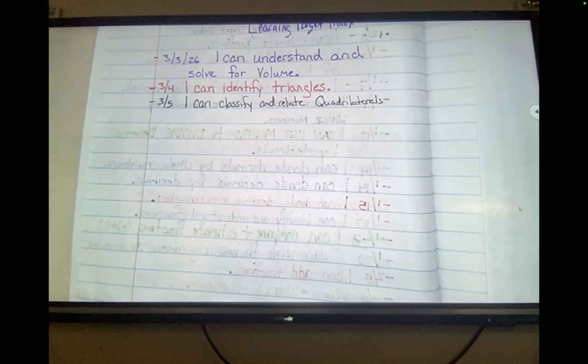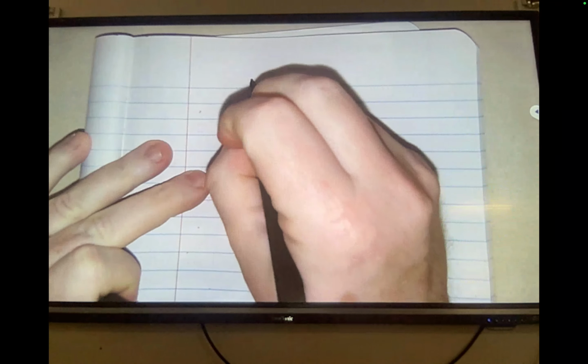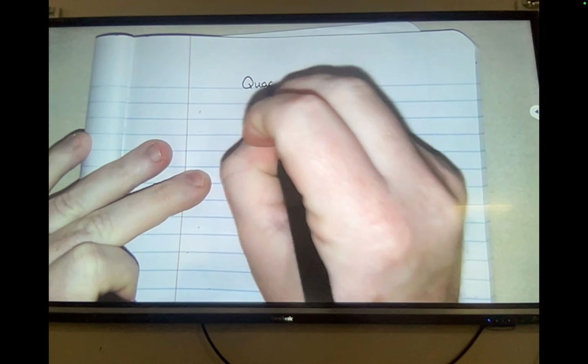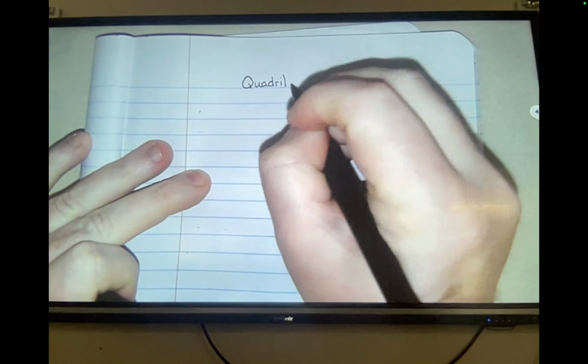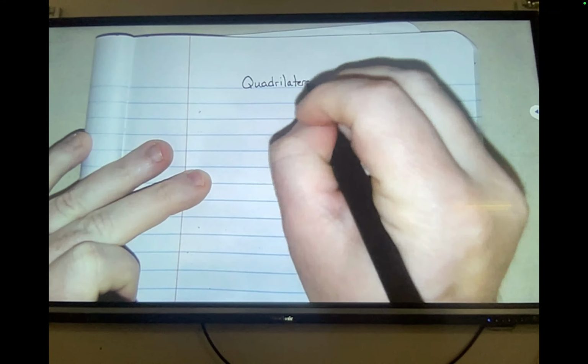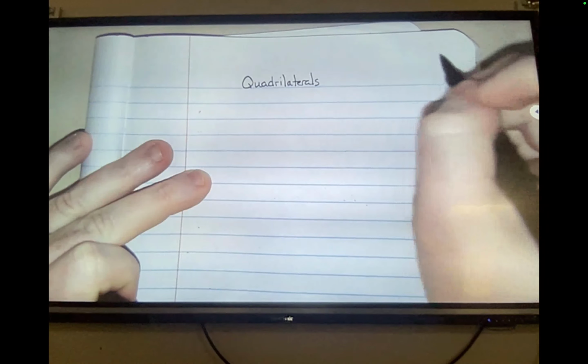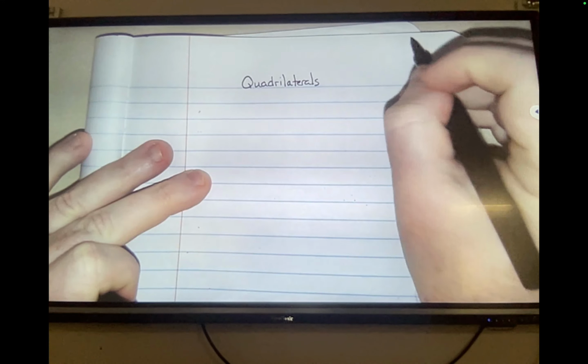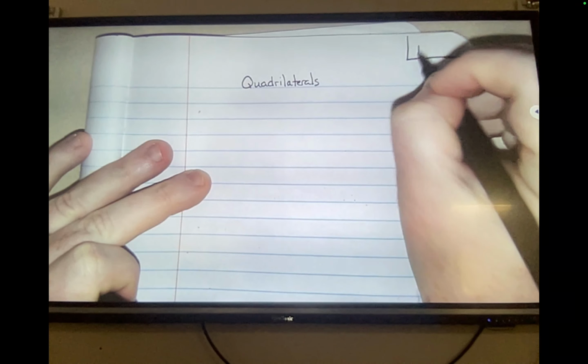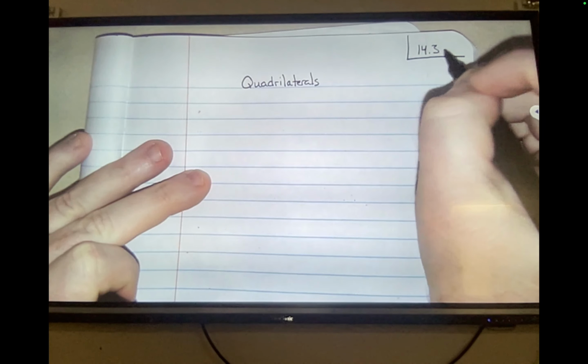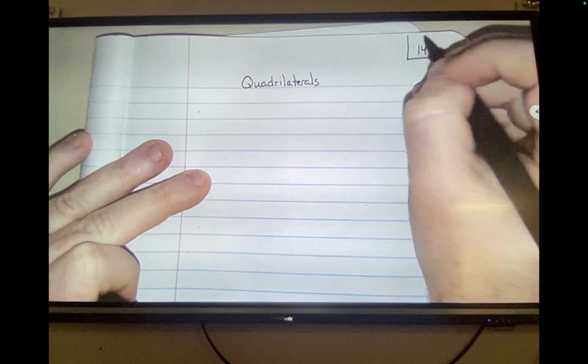All right, so we should be getting done with that. Turn to your next clean page, like I said, and we're going to title this Quadrilaterals. This is going to be 14.3, and actually it's 14.2 as well.